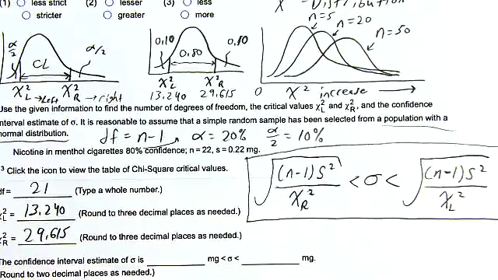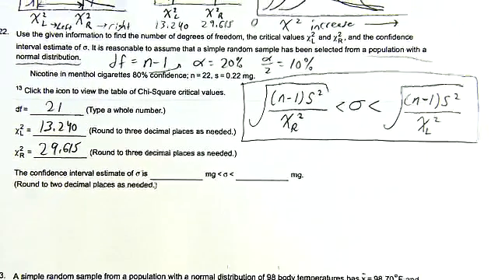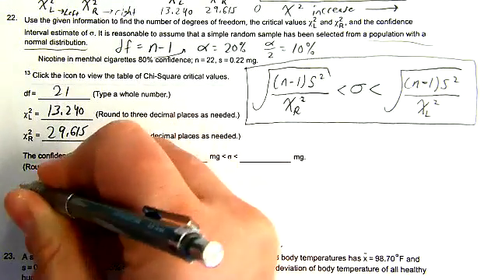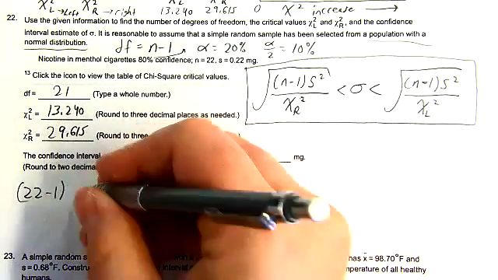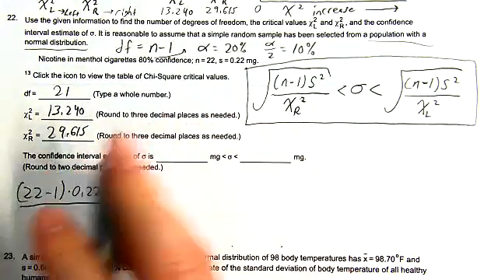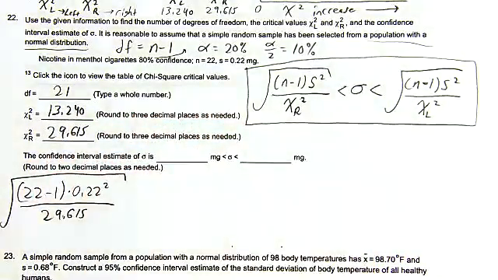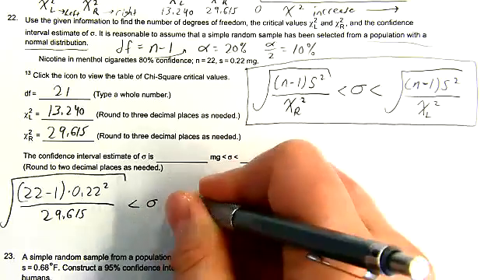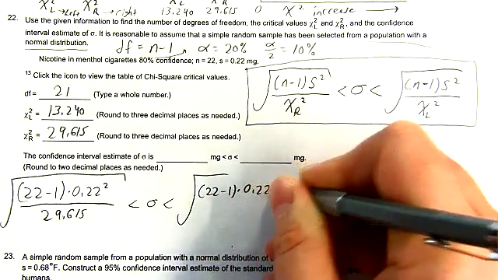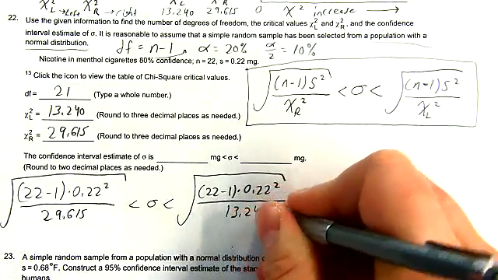So let's see how that will work for our problem. Plugging in our numbers, we would have 22 minus 1 times s, which is 0.22, squared, all divided by chi-squared right, which was 29.615, and then take a square root, which will sandwich sigma, which is sandwiched by the same numbers on top, 22 minus 1 times 0.22 squared, all divided by chi-squared left, which is 13.240.